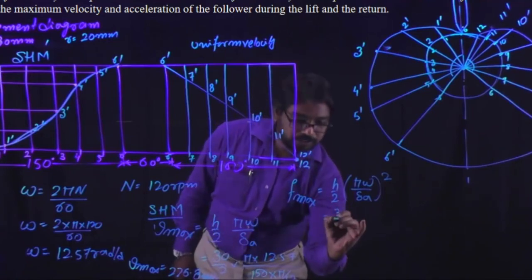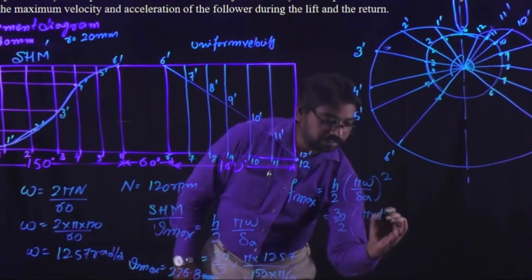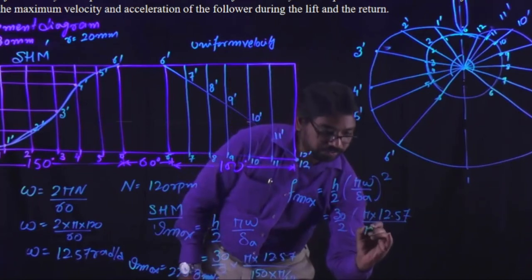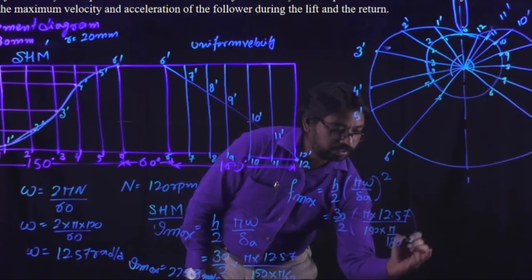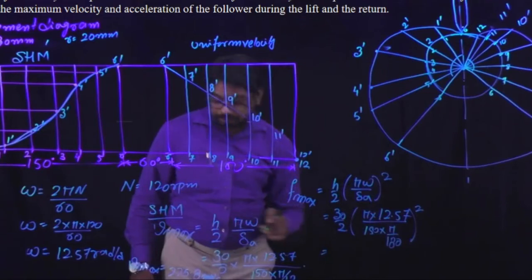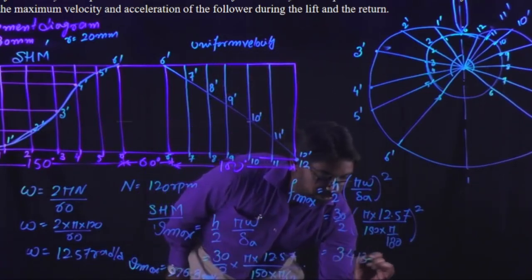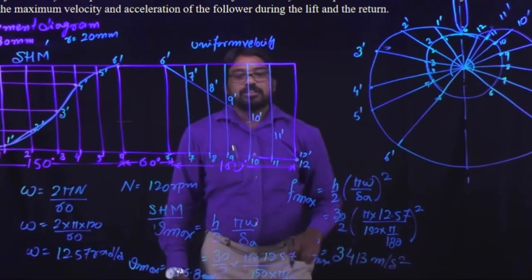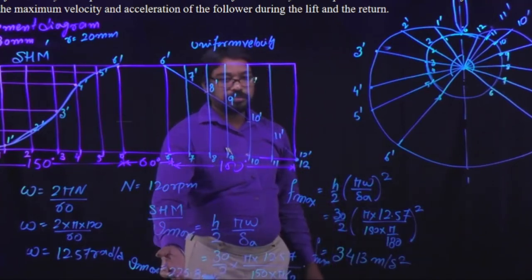We substitute 30 by 2 pi, 12.57, by delta A, which is 150 multiplied by pi by 180, converted into radians. Once you substitute all the values, the F max value becomes 3413 meter per second square. This is the maximum acceleration during the ascent.